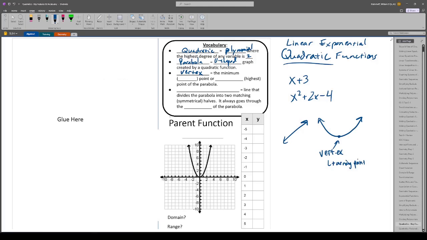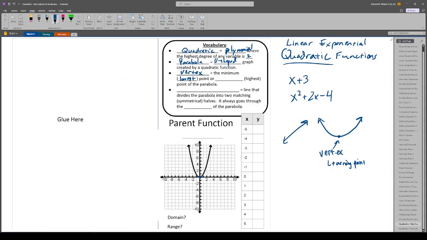Different functions can have multiple vertices, but a quadratic only has a single one. Higher order or higher degree polynomials may have more vertices and not just a single one. The vertex is the minimum, which is the lowest point on the graph. You can see this U-shaped graph down here.